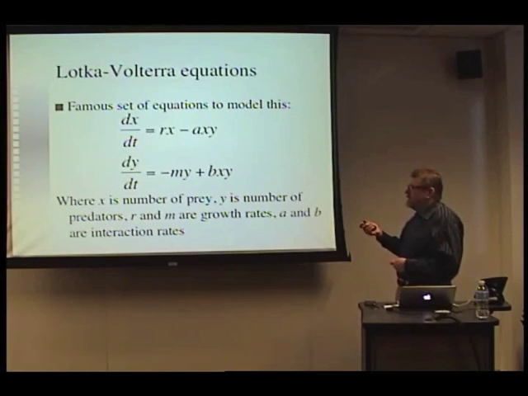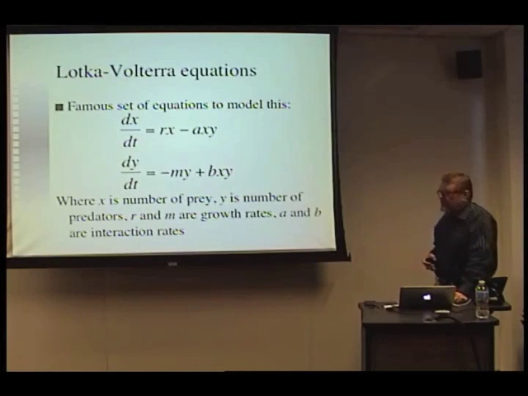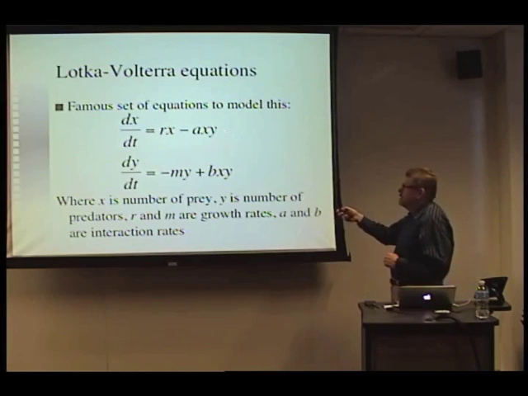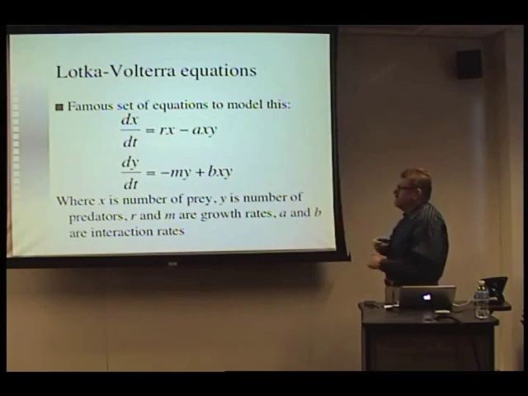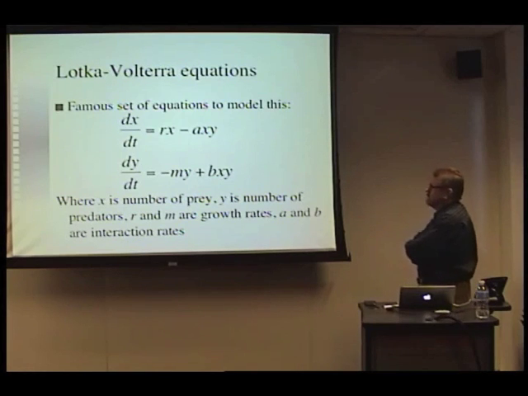So we have t, x, and y, where x is one of the species, y is the other species, and then we have our differential equations, right? So this part right here is the differential equation, the function f prime that describes the rate of change of the prey. Okay?